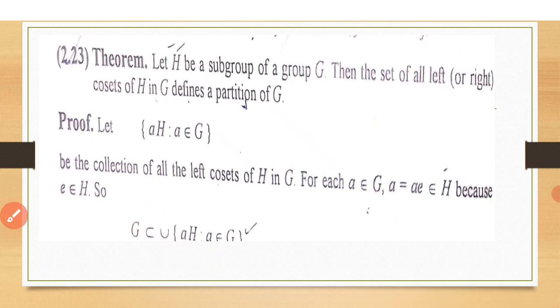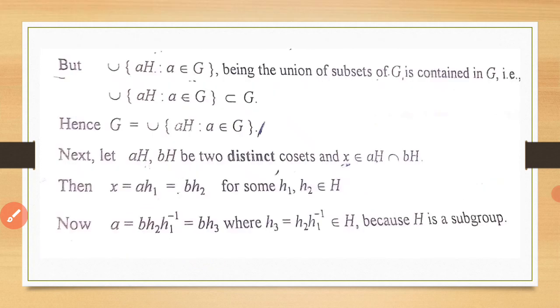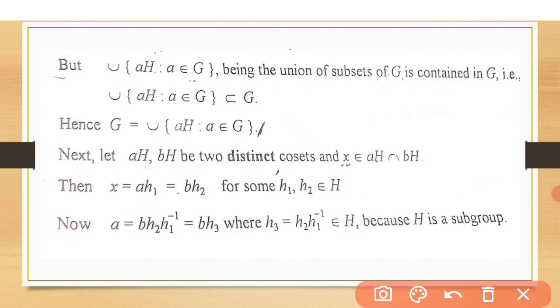Next, here we see that the union of left cosets is the union of subsets of G, because all of them are subsets, as I discussed in the example 1, 3, 5, 7. {1, 3} was one subset and {5, 7} was the other subset.